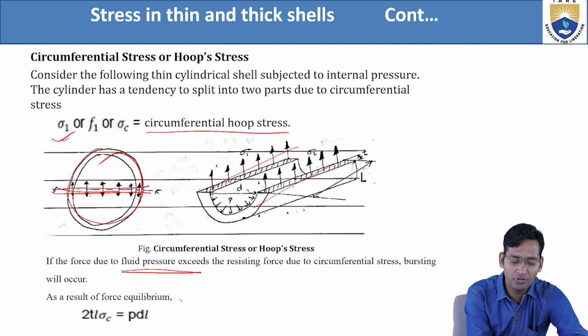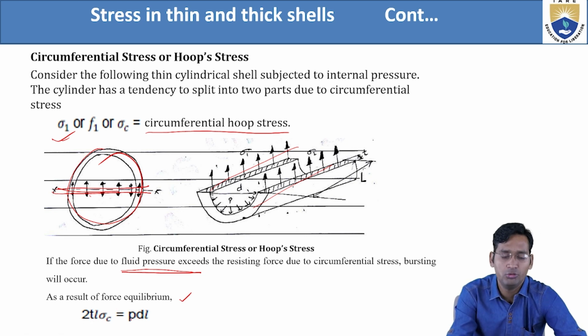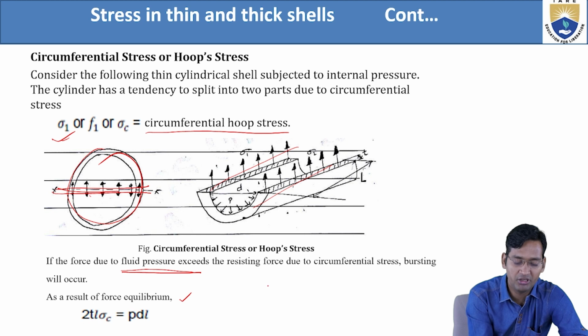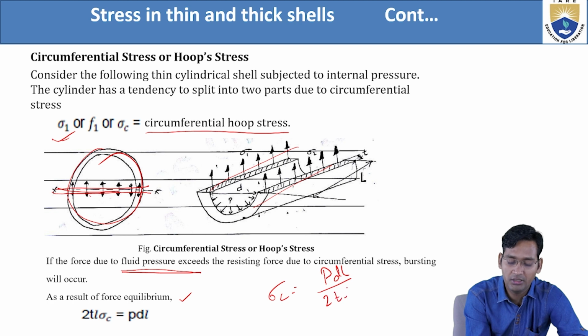From force equilibrium, 2 T L sigma C equals P into d L. So from here sigma C will be equal to P d L by 2 T L.